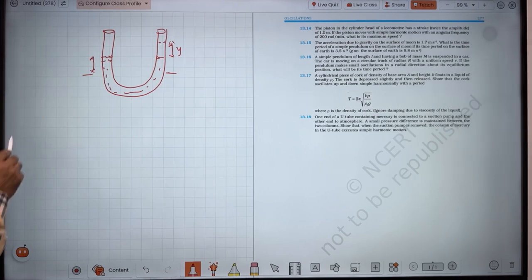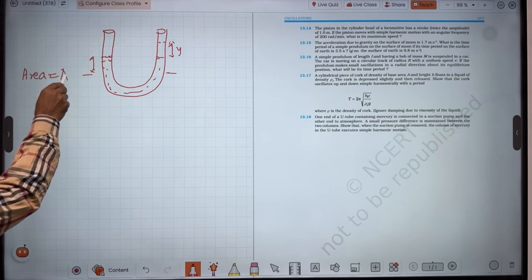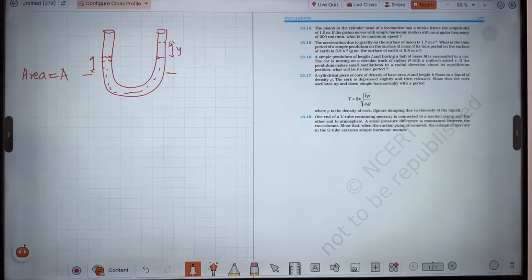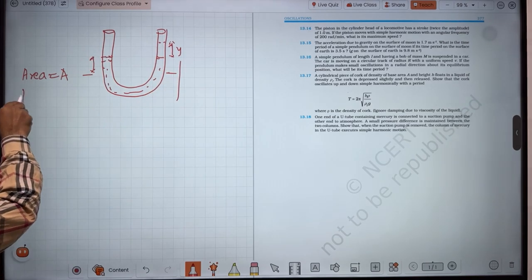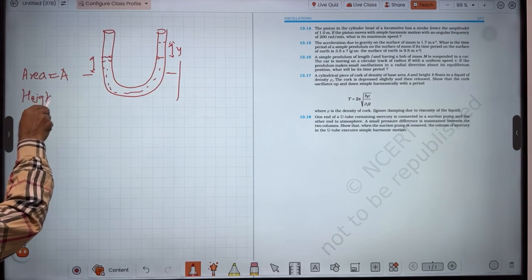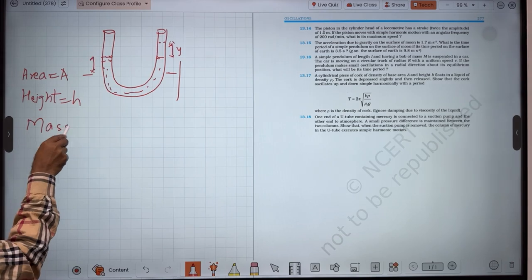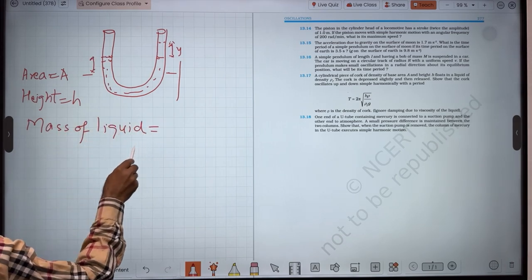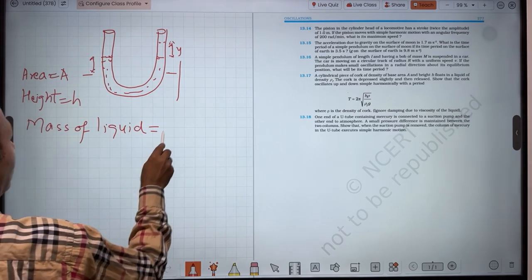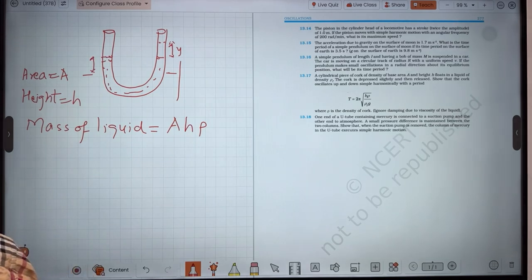So area, say it is capital A, and height of the liquid, initially this was h, and then the mass of liquid, if we find, it will be volume into density, so A h into rho, right?